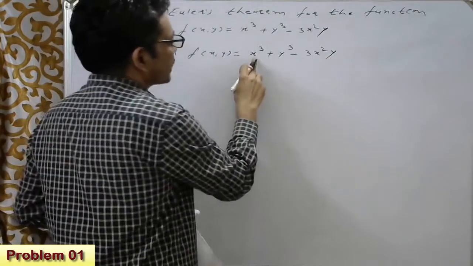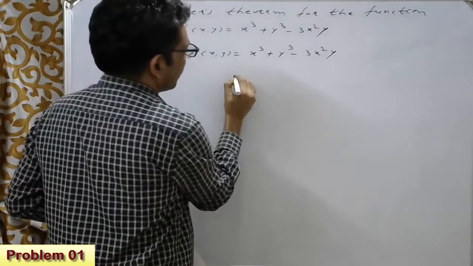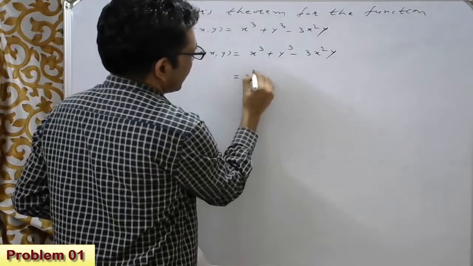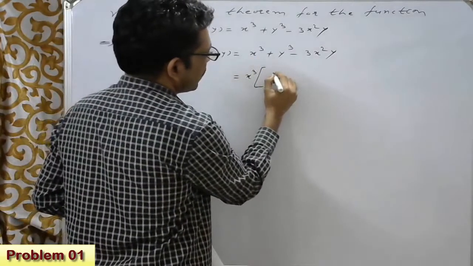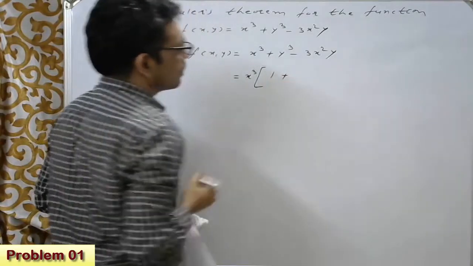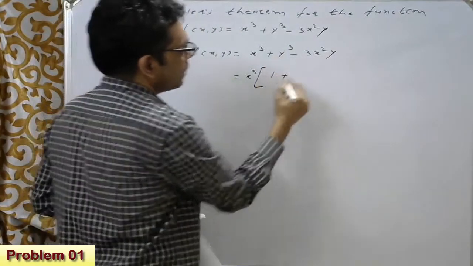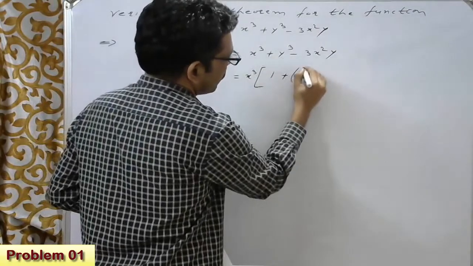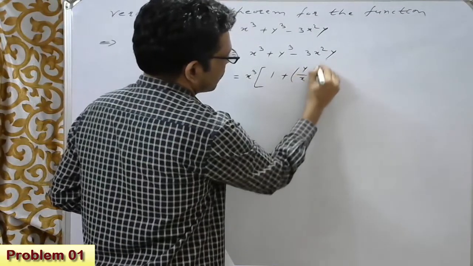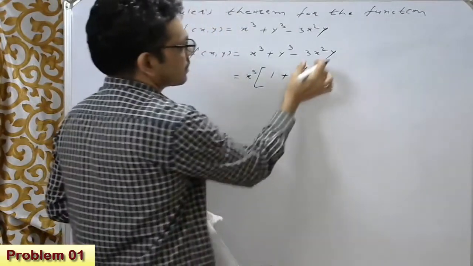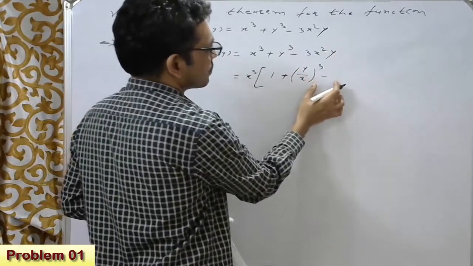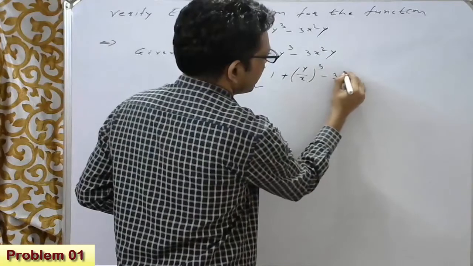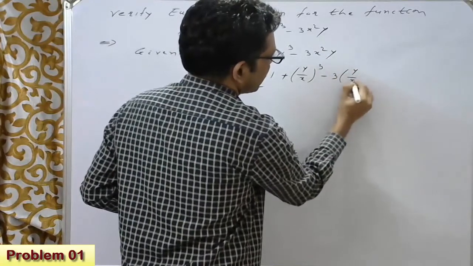Therefore, x^3 is a common term, so this is x^3 times (1 + y^3/x^3 - 3x^2 y/x^3), which is 3 times y/x.